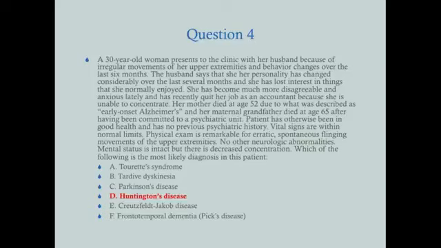Parkinson's disease, that's also a movement disorder, but it's going to be things more like resting tremor, rigidity, bradykinesia, not things like chorea, which is what we see in this patient, or ballismus, which is low-frequency, large flailing movements especially of the upper extremities.